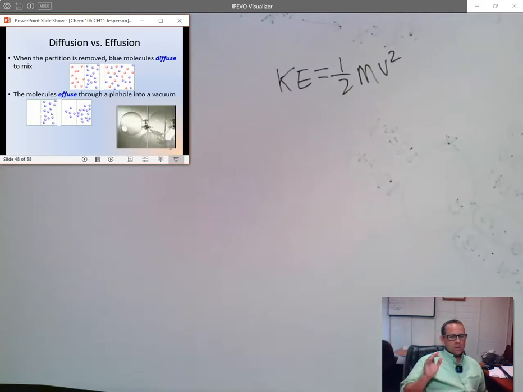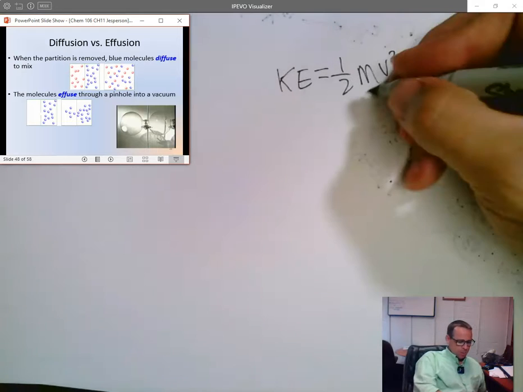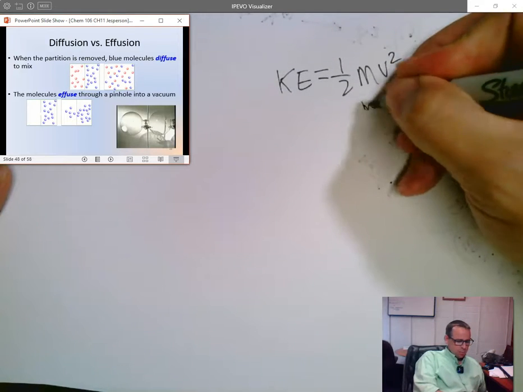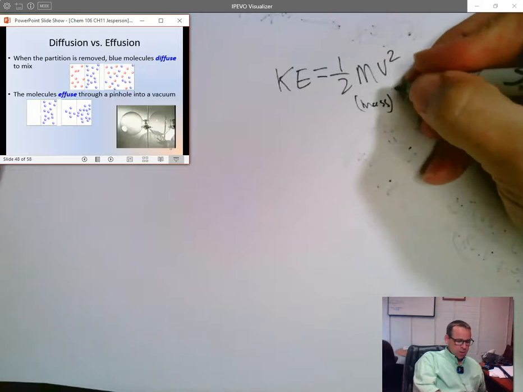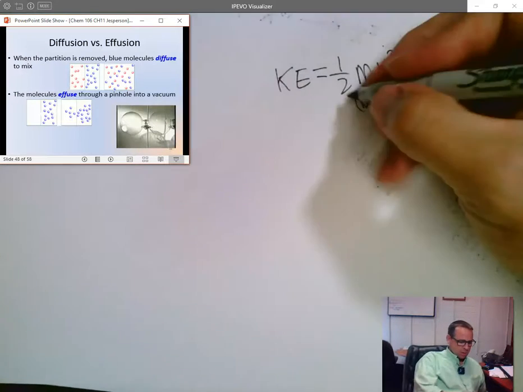Okay. So this is a traditional statement of the kinetic energy of a system, where m is the mass of whatever thing you're looking at, and v is the velocity of that mass.